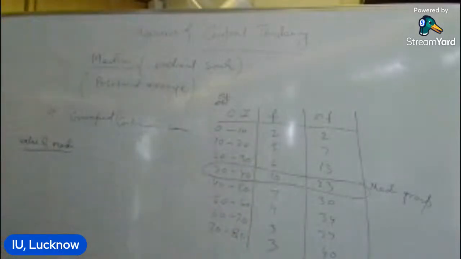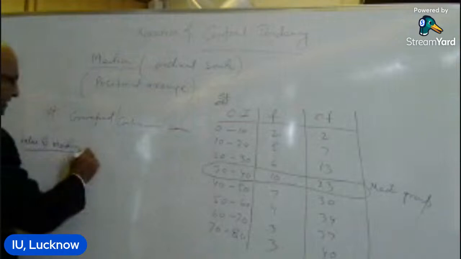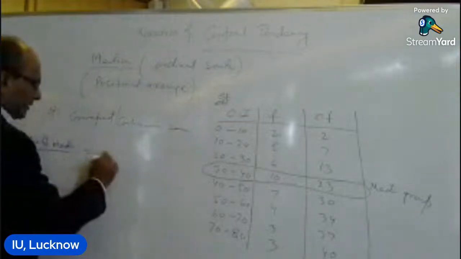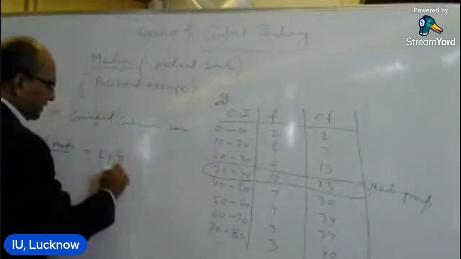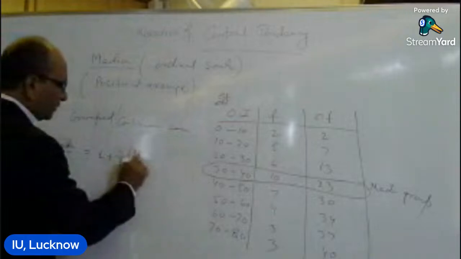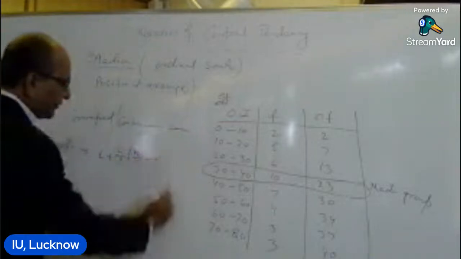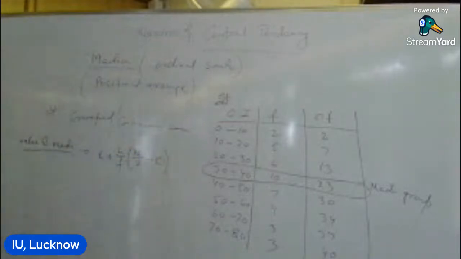So the formula is L plus H by F into N by 2 minus C. This is the formula for finding the value of the median in case of continuous frequency distributions.